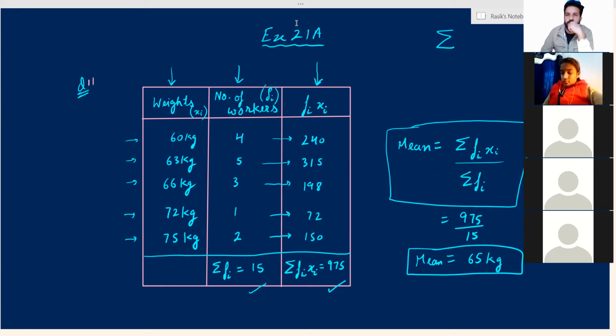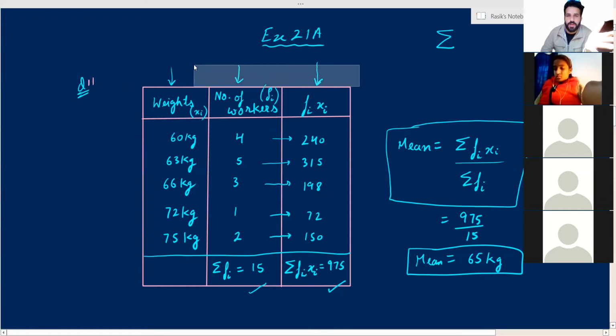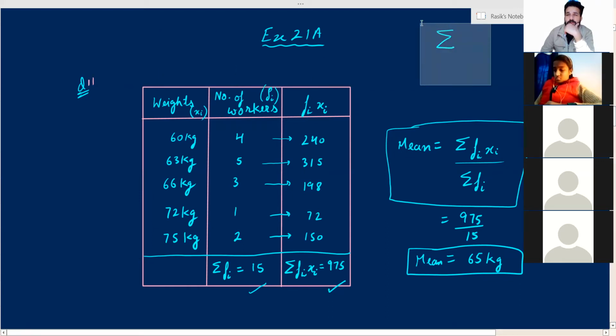Start doing question 12 right now. Sir, do we have to do question 11 for homework? No, beta, do 11 now, and after the 11th do the 12th one. Sir, sent.